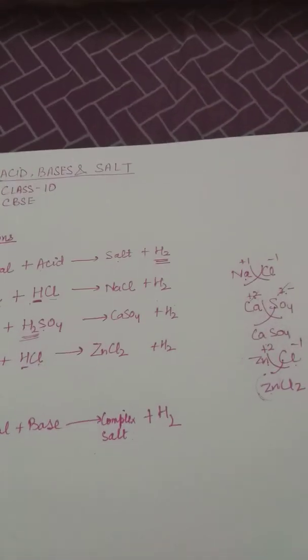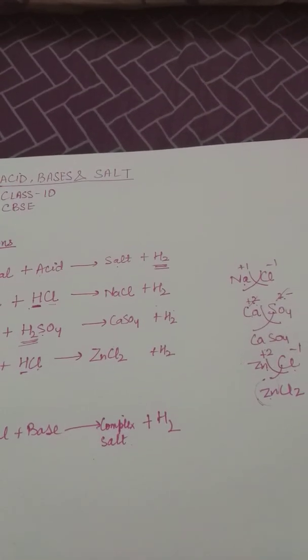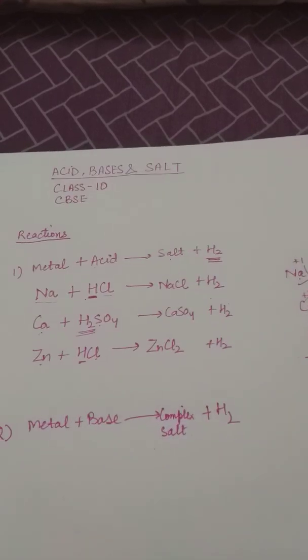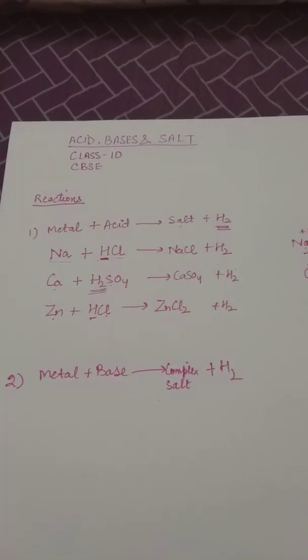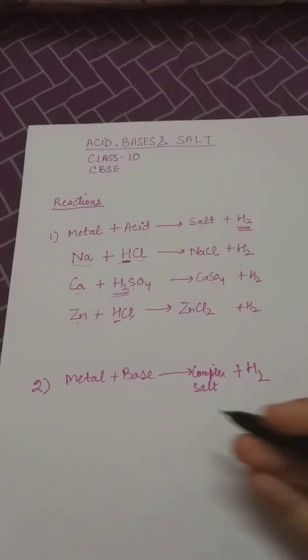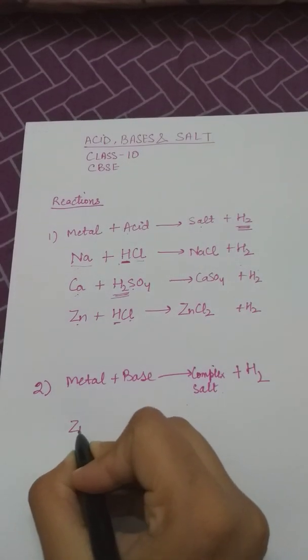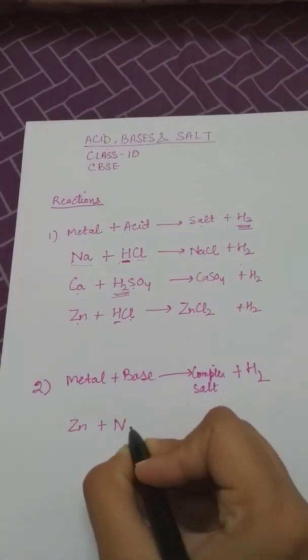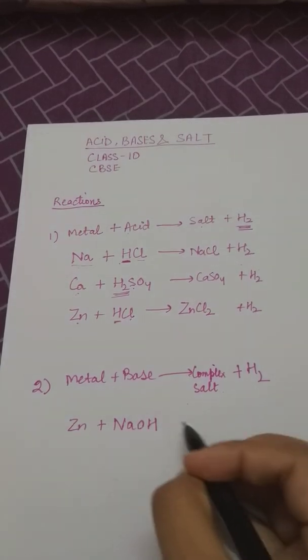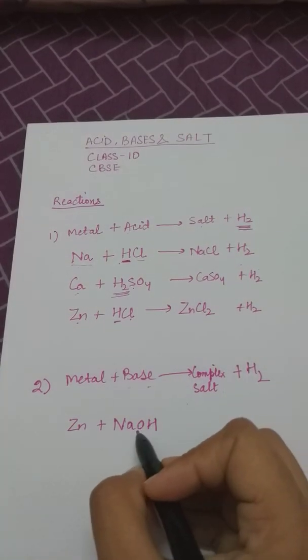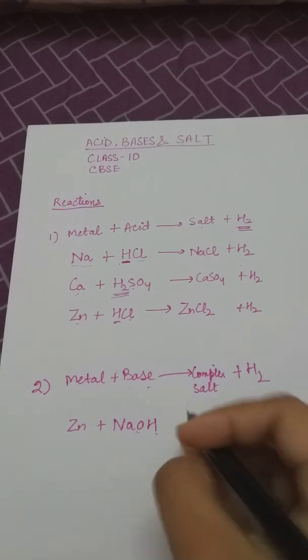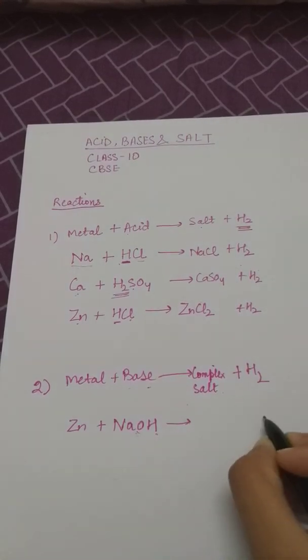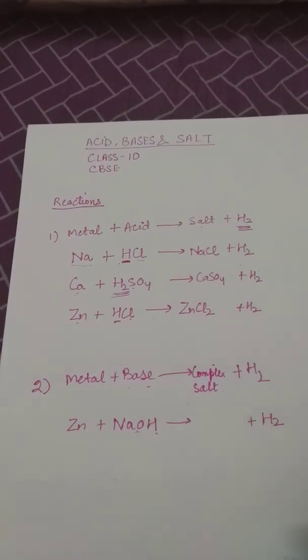How? Just see. Remember, we have only two reactions in the syllabus, so we will cover only those, because the questions in the examination will come from there only. So first is zinc plus your base NaOH. Remember, a base will have OH at the end. So here I will first write hydrogen.